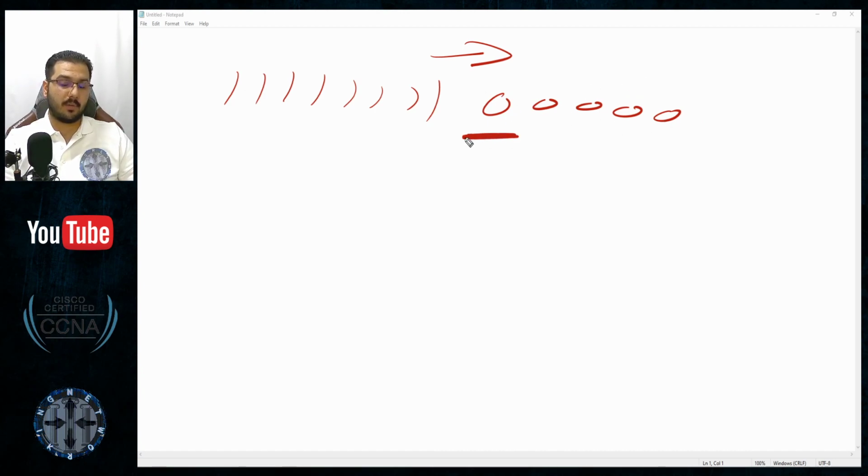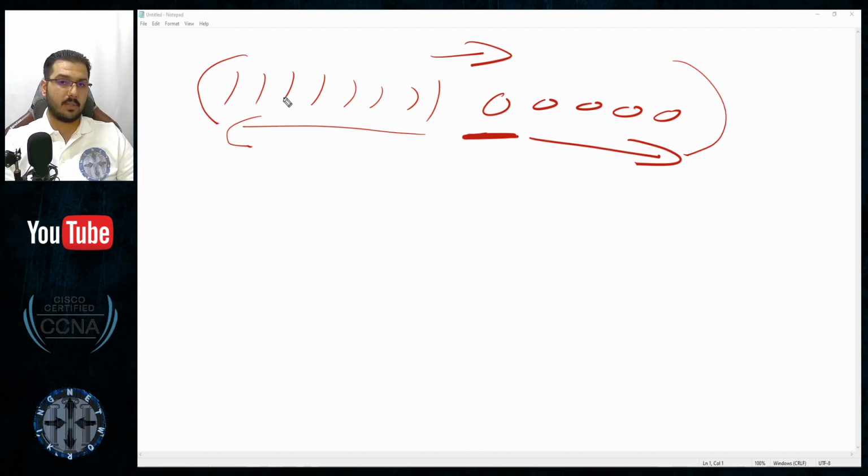Once you have your first zero written, all the numerical values on the right side will definitely be zeros, and all the ones are on the left side. In the end, combining all of these values together will show you one real decimal value that represents the subnet mask.